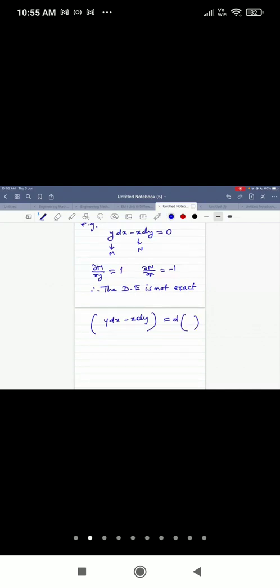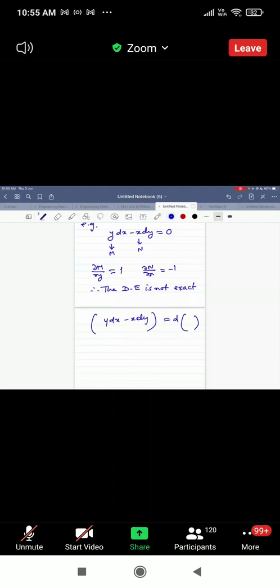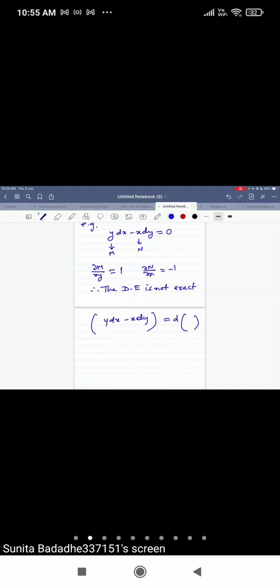Can anybody look at the term and tell me a factor by which I can multiply to get a complete derivative? I'll tell you. If I divide this by y square, then this will become the derivative of x upon y. Please check whether it is correct or not.